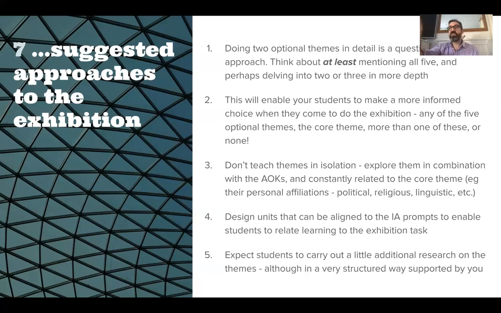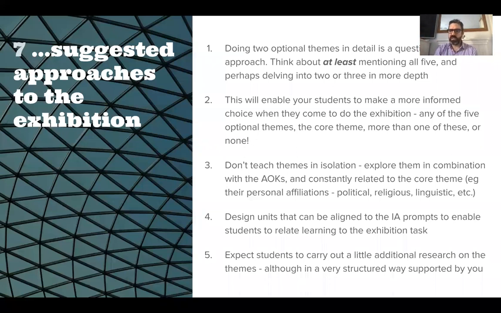Well, that relates to this IA prompt, this IA prompt, this IA prompt, and this IA prompt. So the question-based units that I have designed align really, really nicely with the IA prompts. It's another thing that they managed to do for us. And so it means that the students instantly know how the IA prompts relate to what they've been learning about.